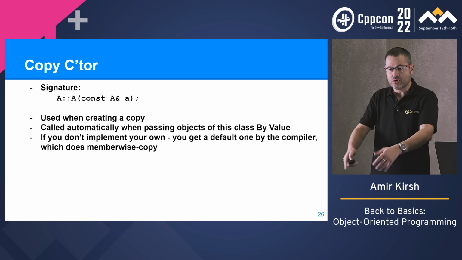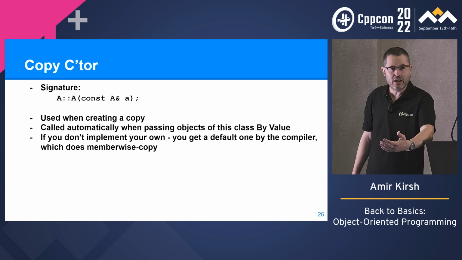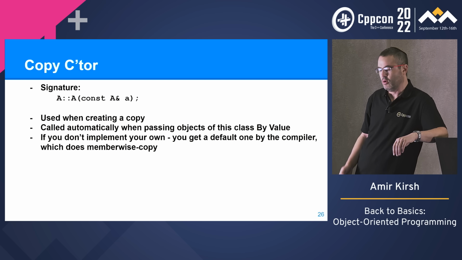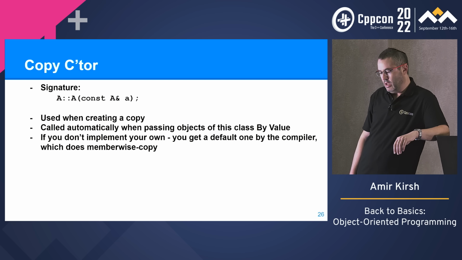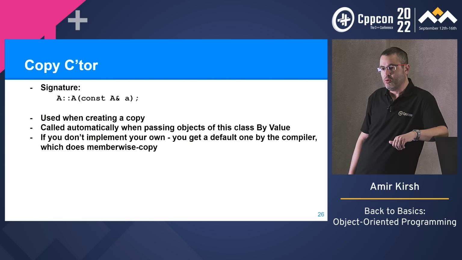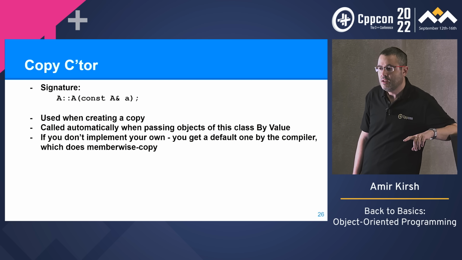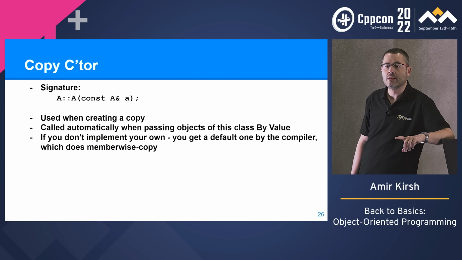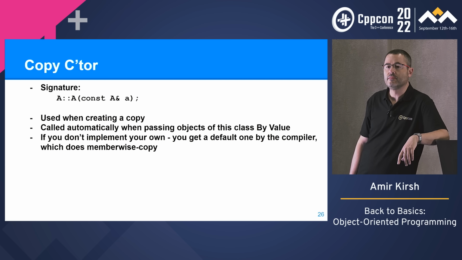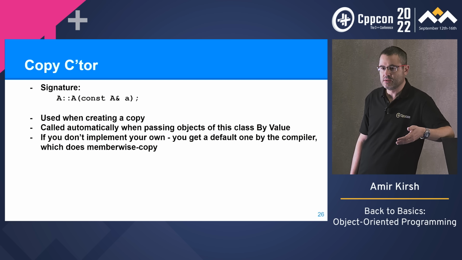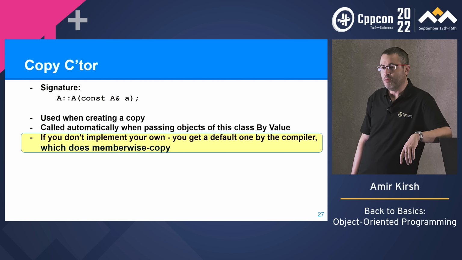But when the compiler realizes that, oh, I need to create a copy, then the compiler might call your copy constructor automatically. If you do not implement a copy constructor, then you get the default, and in some cases, people say that the default does a shallow copy. That's not correct, because the default calls the copy constructor of all the members, which is member-wise copy.